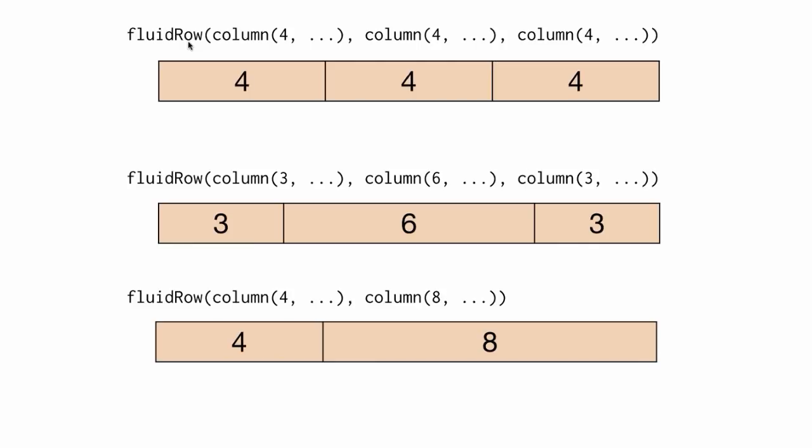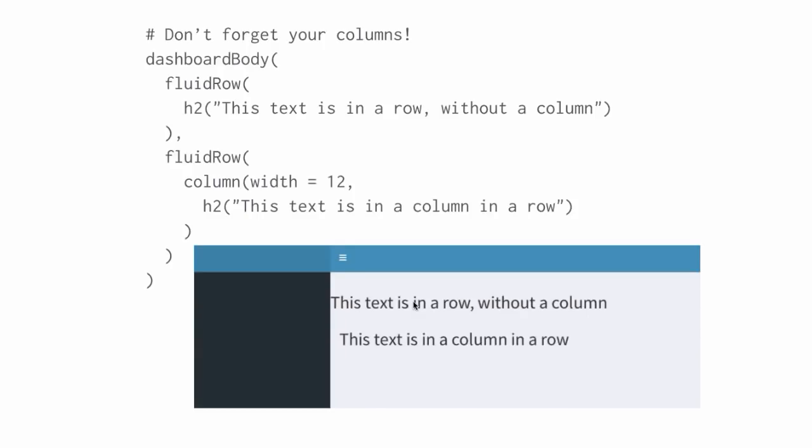You can have 3 columns here in a fluidRow, 3 columns of width 4. You can have differently sized columns, 3, 6, 3, or 4 and 8, if you want different sized boxes. And I just want to mention, don't forget your columns.